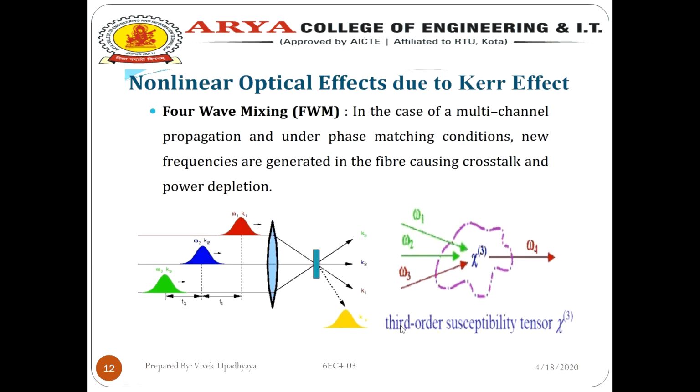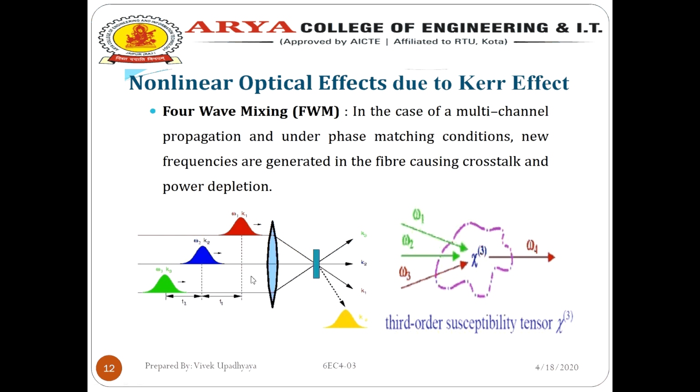The nonlinear optical effects are due to the Kerr effect. Another effect is the FWM, that is called four-wave mixing. In the case of multi-channel propagation and under the phase matching condition, new frequencies are generated in the fiber, causing crosstalk and power depletion.